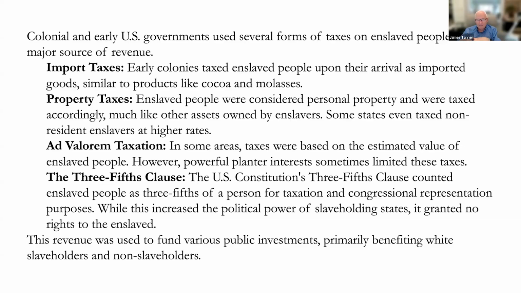And that increased the power of the slaveholding states, but it granted no rights to the enslaved people. So the fact that they were mentioned in the Constitution didn't mean anything. All it meant was that the slave owners could count their slaves for taxation and congressional representation, even though they were property.